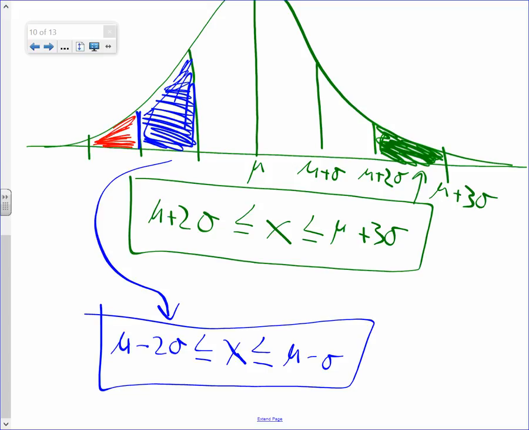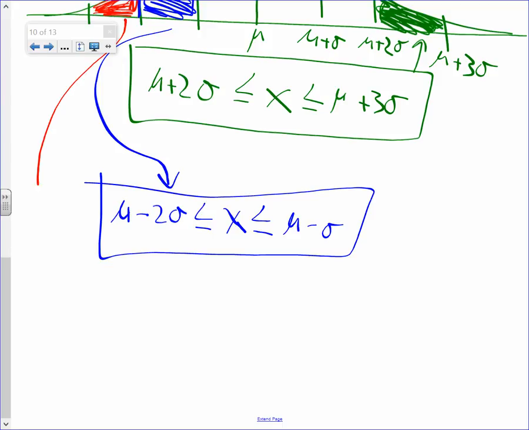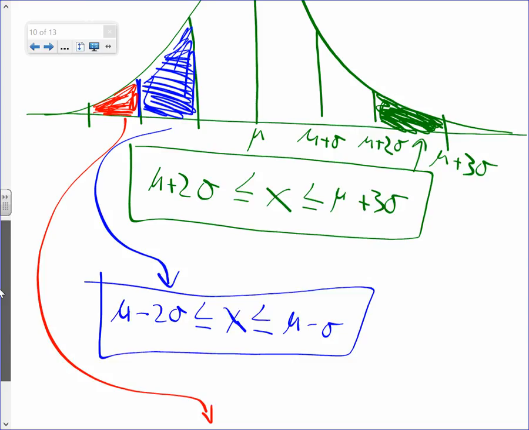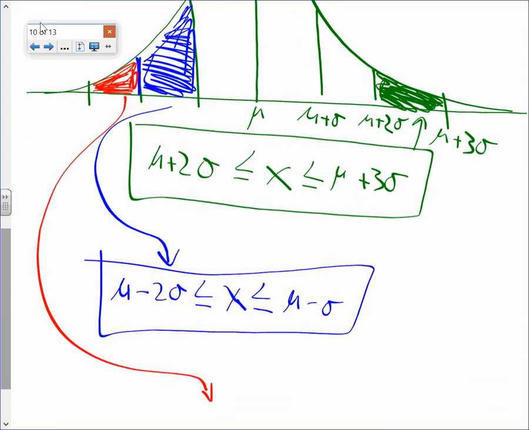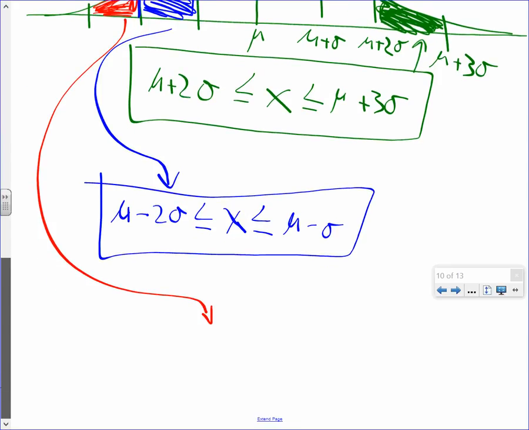Someone besides Miss Rodriguez do the red for an extra stamp. Who can tell me the red? Describing X in the red territory. It's always going to be X is greater than or equal to something and less than or equal to something.